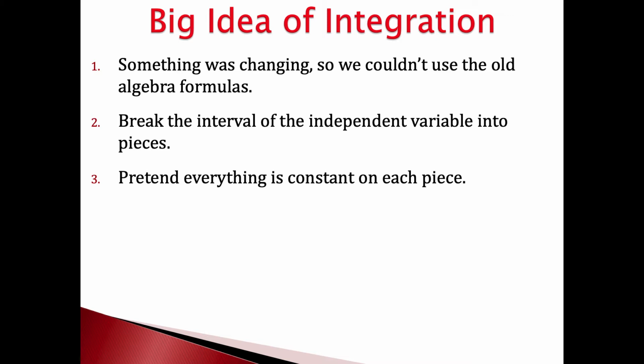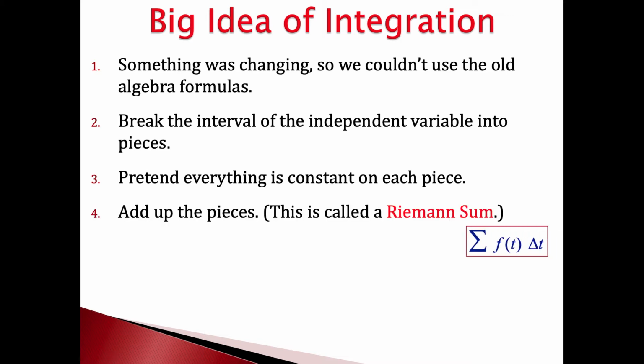But what we could do was break the area into little rectangles by cutting the x interval where the function is defined into lots of little pieces and pretending that the height of the graph was constant for each of those little pieces. That makes lots of little rectangles. We could find the area of each of those rectangles and then add them up, right?